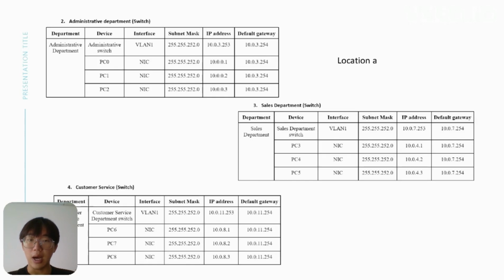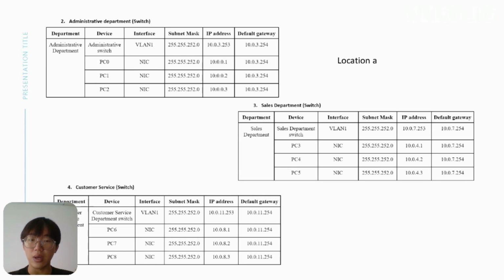Okay, for the other addressing table, which is the seven different departments in location A, B, and C, almost the same pattern: the switch interface is using VLAN 1 and the PC is using the network interface card. The subnet mask is the same, and for the IP address of the switch, I'm using the last second usable IP address for this network, which is 10.0.3.253.